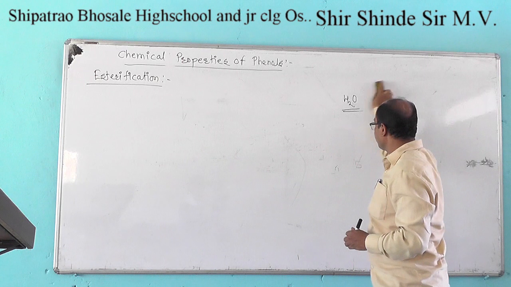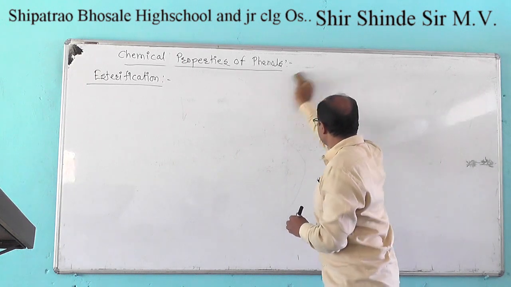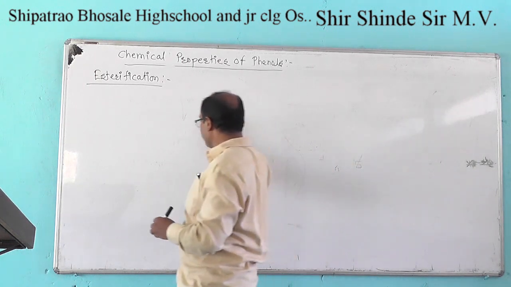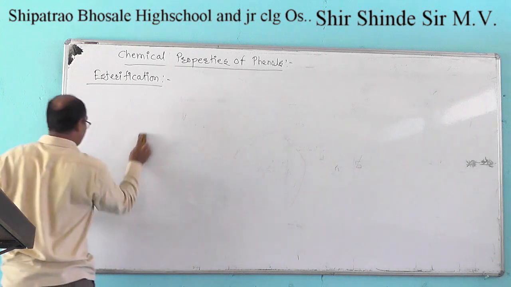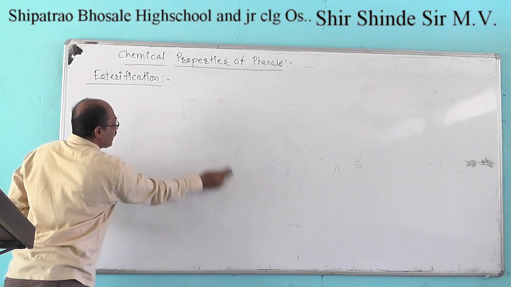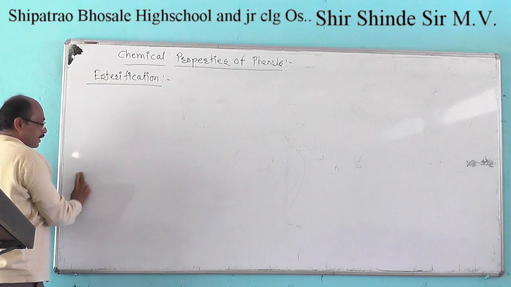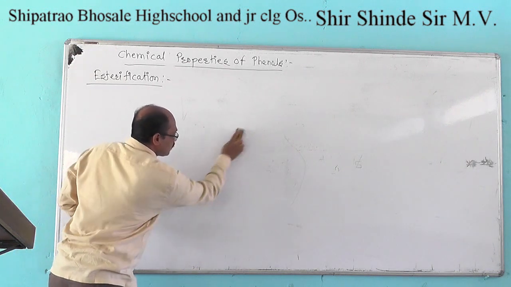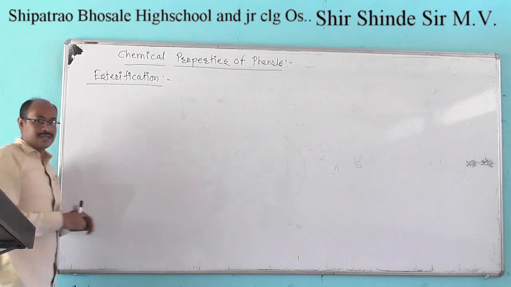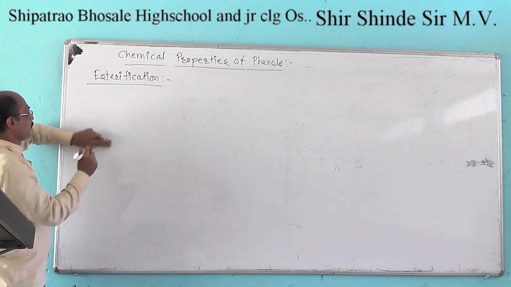To prevent the reverse reaction of esters formed by the action of phenols with acid chlorides by hydrochloric acid, we conduct that reaction in presence of a suitable base, which is pyridine.